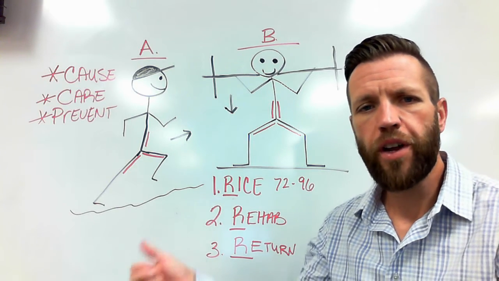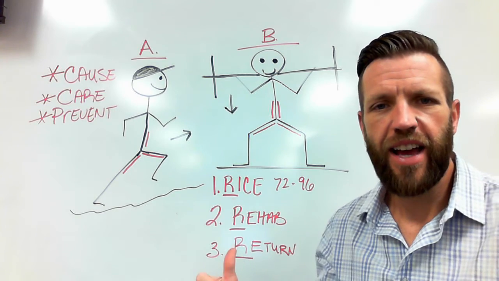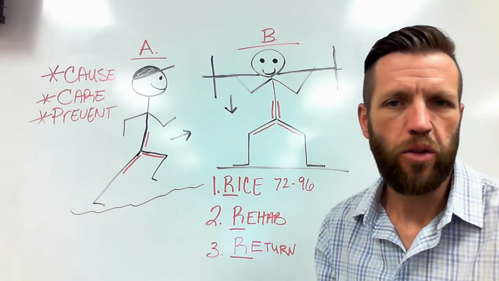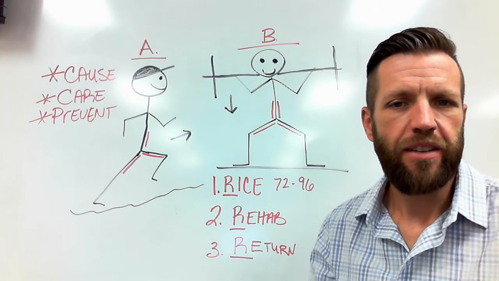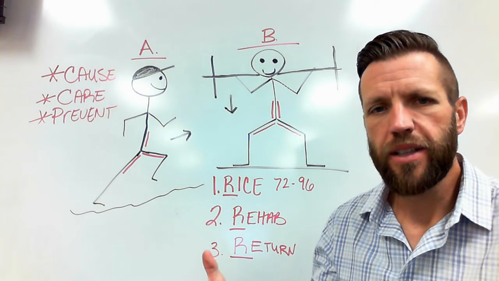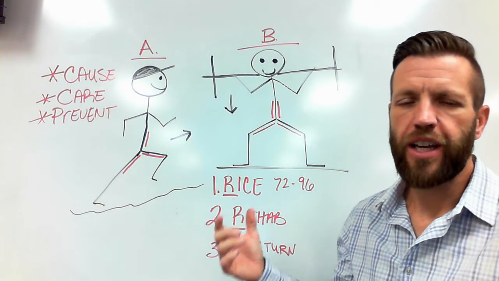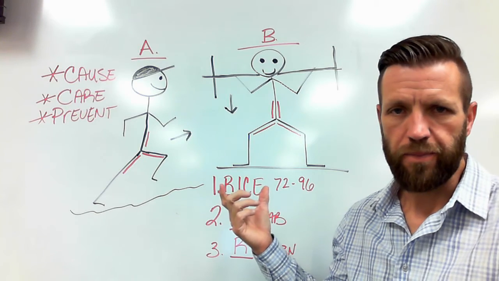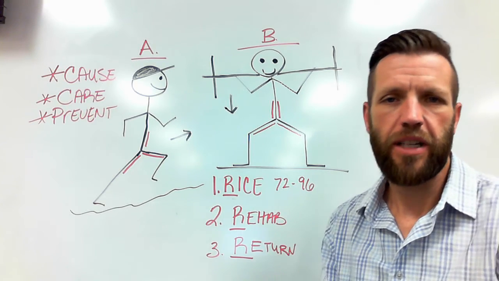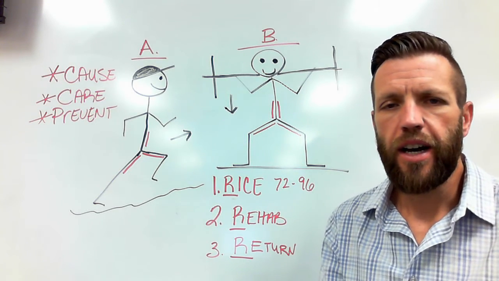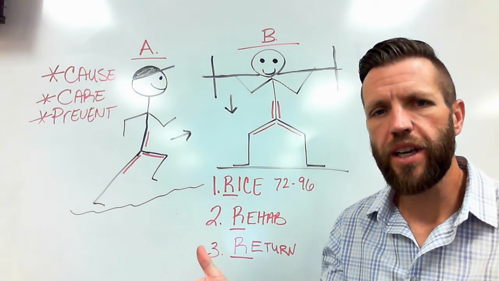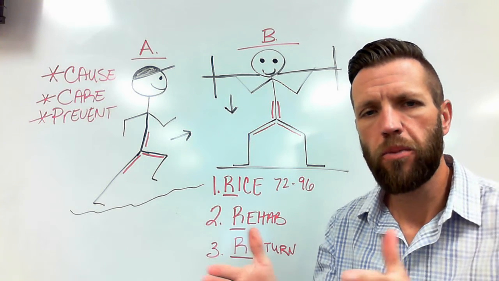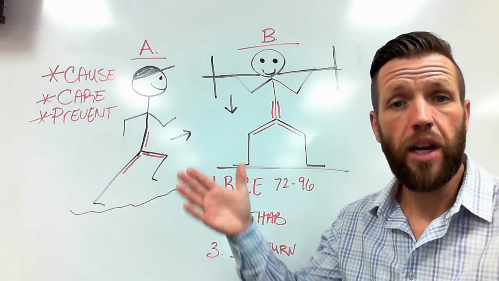And then over here on figure B, I've got this guy, and he's clearly doing a squat with a weight. And in this squatting action, I typically see muscle strains occurring at the adductors, and that is commonly known as the groin muscles. The groin muscles pull the knees to midline or medially in the squatting motion.